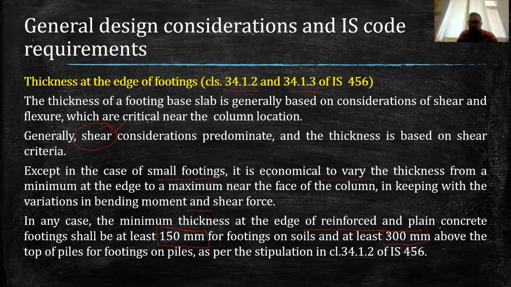It should not be less than 300 mm. So by chance, if we calculate the thickness based on shear force criteria or bending moment criteria and get a calculated thickness less than 150 mm, in that case we will take that thickness as 150 mm, because the thickness of foundation cannot be less than 150 mm.